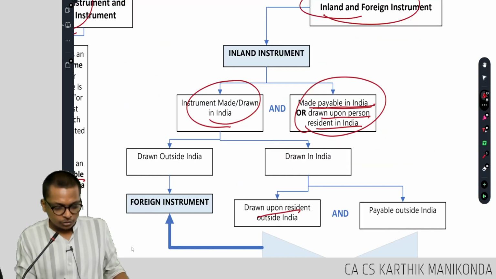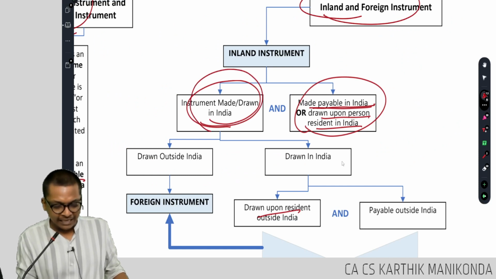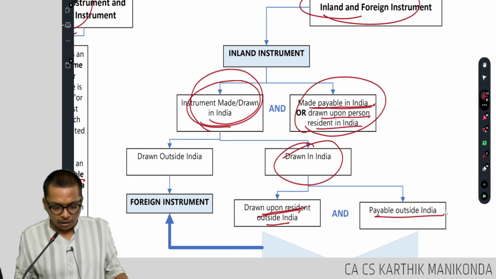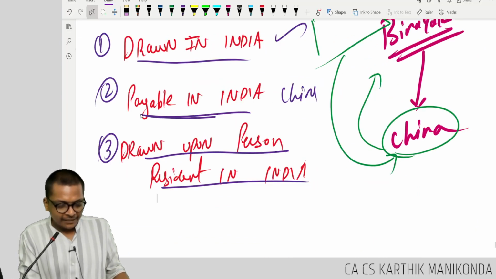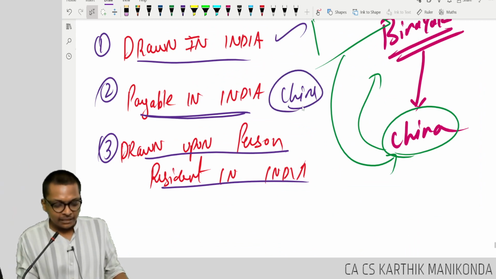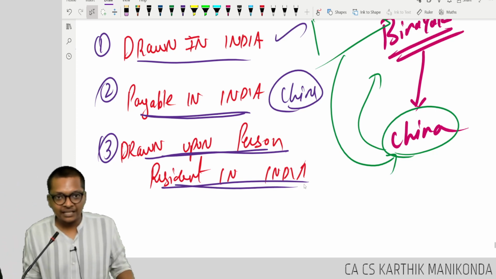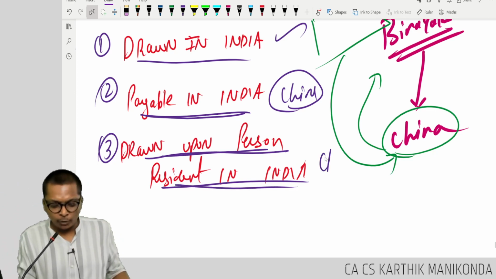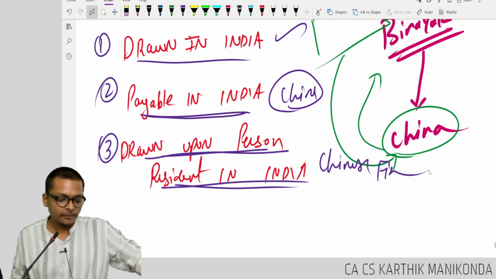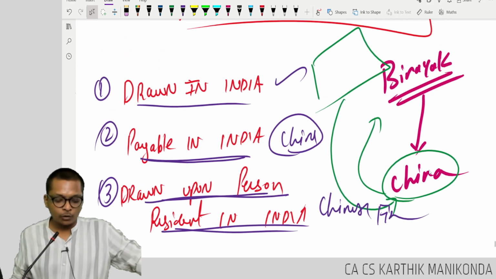Drawn upon, so the instrument is made in India, drawn in India, payable outside India, correct, these 3 points. Payable in India, here also, payable where, guys? In China, so it's payable outside India. Drawn upon a person resident in India? No, it's drawn upon a Chinese friend, correct? So is this an inland or foreign instrument? Foreign instrument. How, sir?